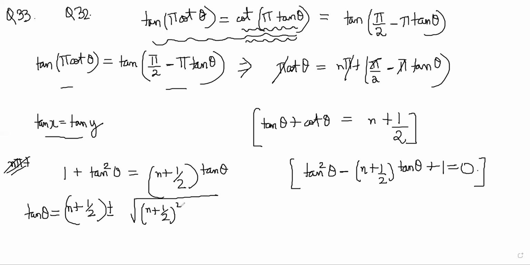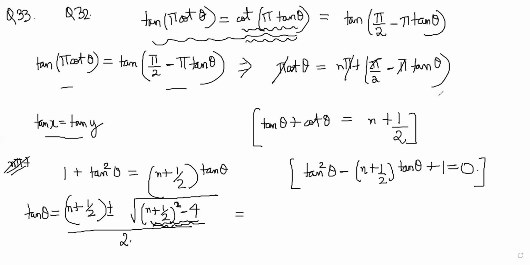How does that change anything? (n plus half) square minus... yes, sir. Now, the thing to remember here is that not all values of n will satisfy this. You have to ensure that this is positive, right? Yes, sir.